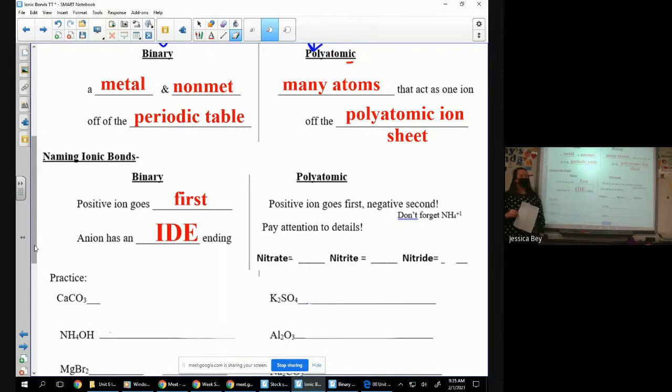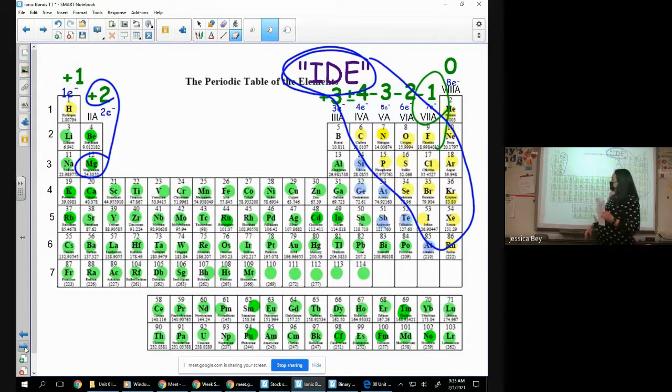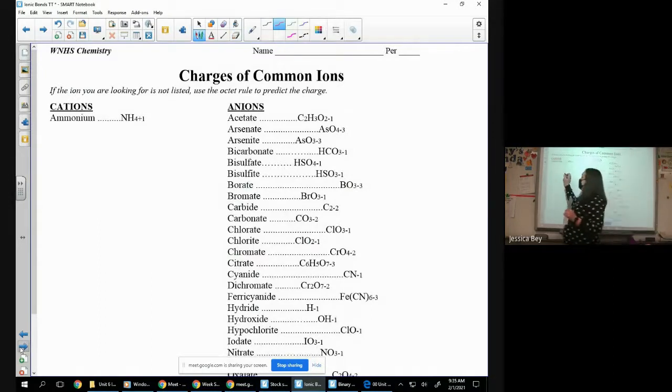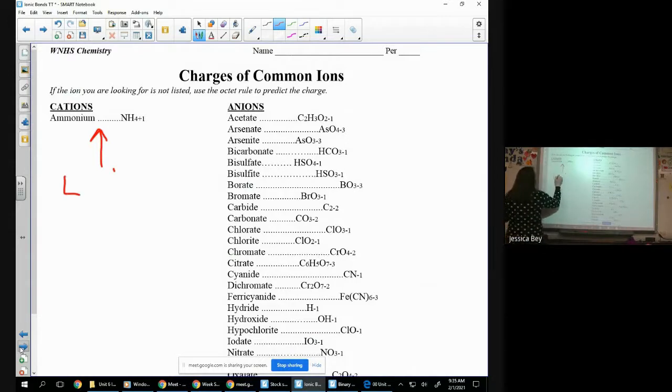You have an IDE ending. Now to add in our new thing, your positive ion still goes first, your negative ion still goes second, but we have to pay attention to details. What you're going to see on your list are a few things. So here's your list. Where'd your list go? Awesome. Number one, people always forget about this guy over here. So I want you to draw a little arrow and say, look here.